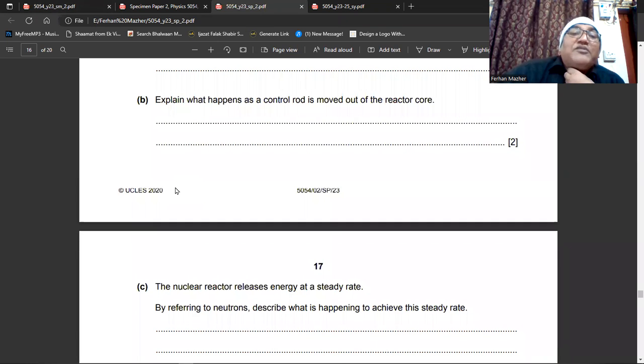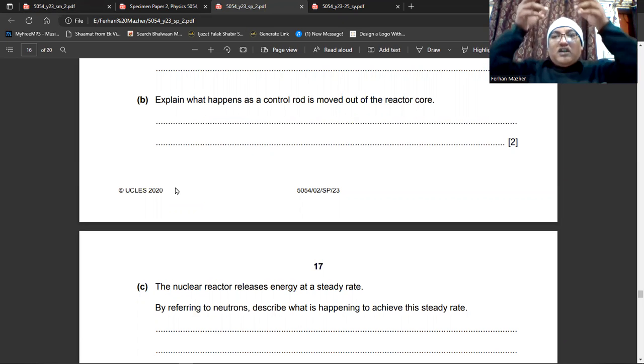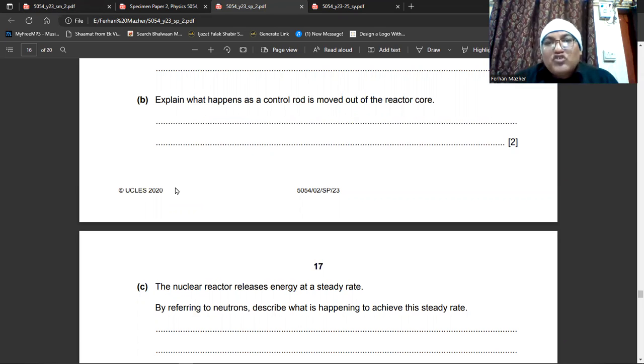It says, state what happens as a control rod is removed out of the reactor core. So you see, if you pull the control rod upward or out, the uranium rods will be exposed to the neutrons. So more and more neutrons will be able to hit the uranium nuclei, and the fission process will become faster, and more energy will be given out.